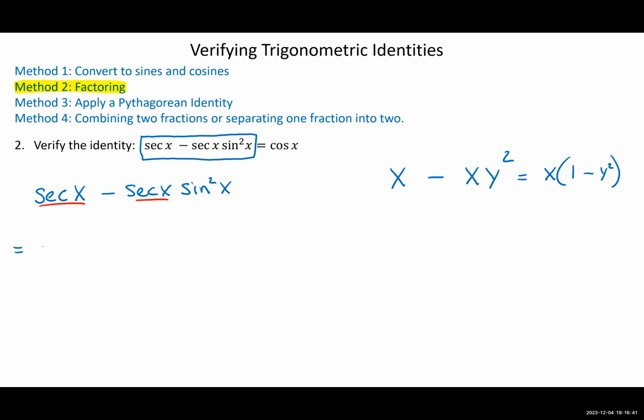Okay, so factoring the same way, factor out secant x. And from that first term, we're left with a 1 minus. And from the second term, we factor out the secant. We're left with a sine squared.